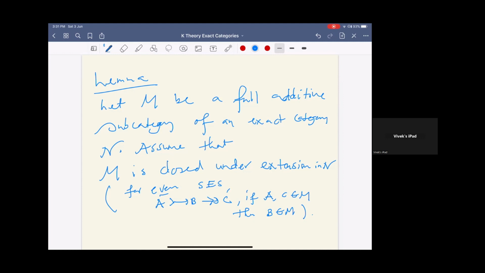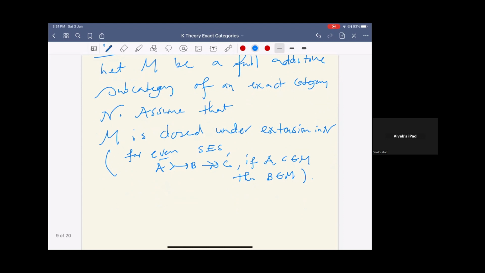So the middle one is projective too. So if A and C are in M, then B has to belong to M. This is closed under extension in N.